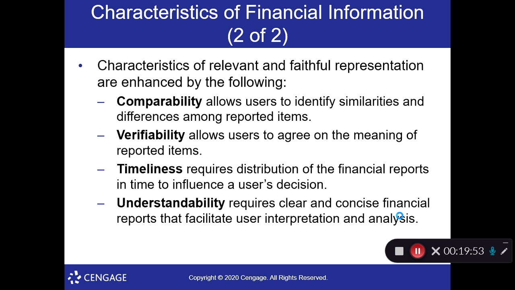How can we compare if one year they show all of our fixed asset accounts, our buildings, our vehicles together, and then the next year they break them out? So things need to be comparable year over year so that the users can see the changes and notice similarities.